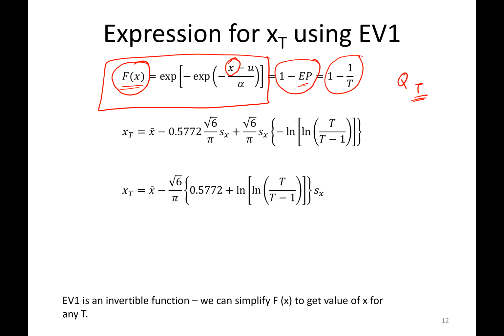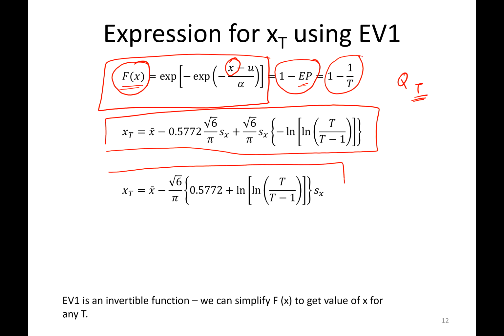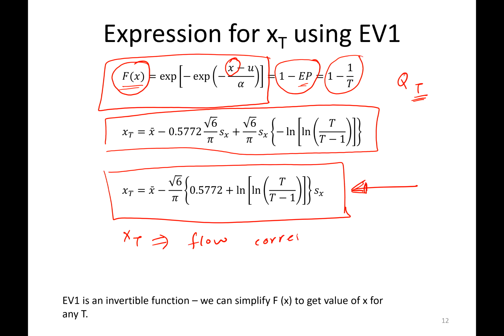And when you do that, you end up with this expression, or this to be specific. So what this expression says is that xT in this case is basically flow corresponding to T return period.